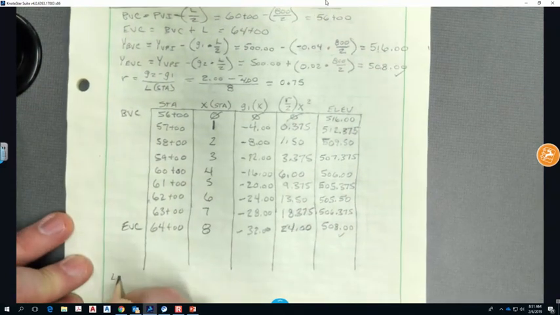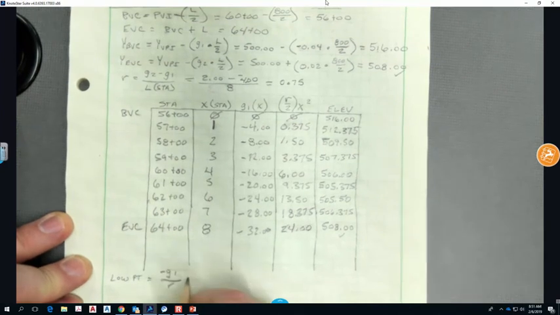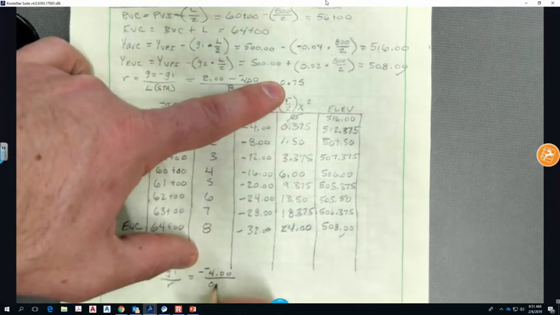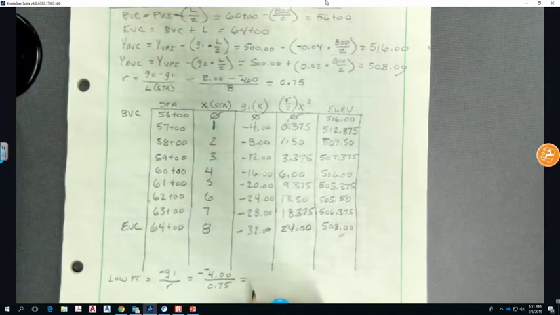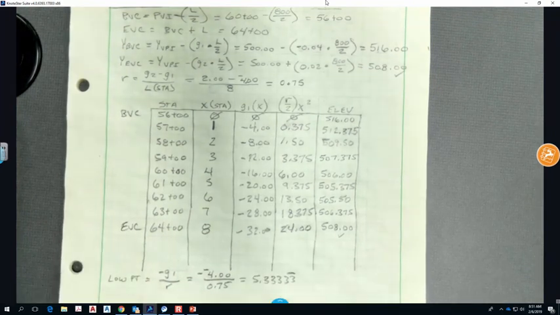Okay? All right, let's find our low point calculation. Low point is equal to negative G1 over R. So negative G1, it's a negative, so it's a positive 4.00, divided by R, 0.75. So if I take 4 divided by 0.75, I get 5.3333 repeating. Okay, it's repeating.